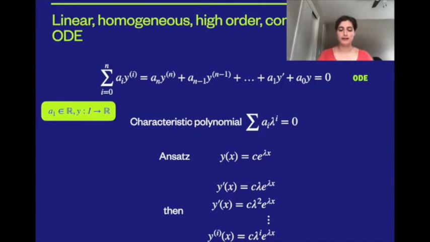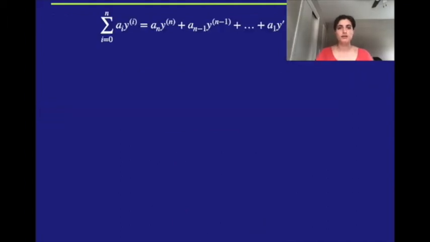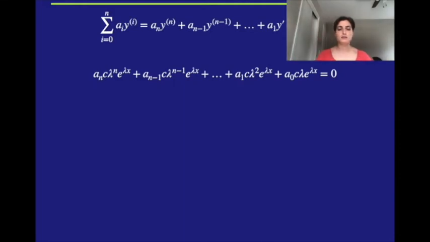If you want to do it by hand, you can prove that y prime of x is c lambda e^(lambda x), y second of x, sorry for the typo, is equal to c lambda squared e^(lambda x), and that goes on where the general ith derivative of y is the same constant c, lambda to the power i, exponential of lambda x. So if we're looking at our ODE, and we take this assumption on the shape of y, we can replace all the derivatives of y by the derivatives we just computed.